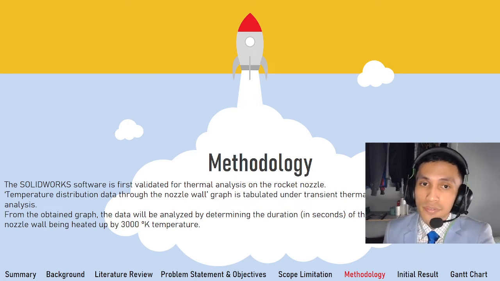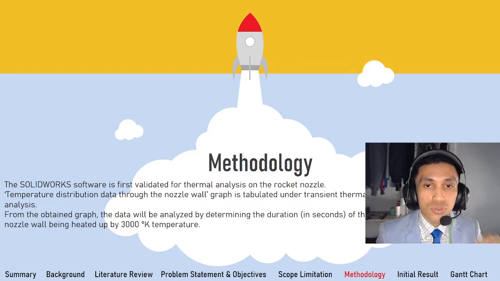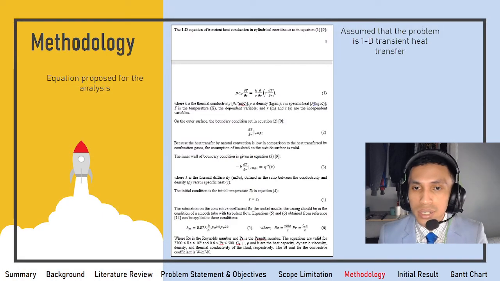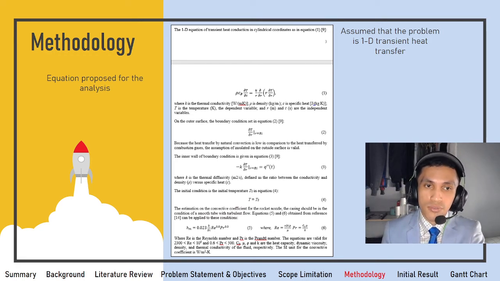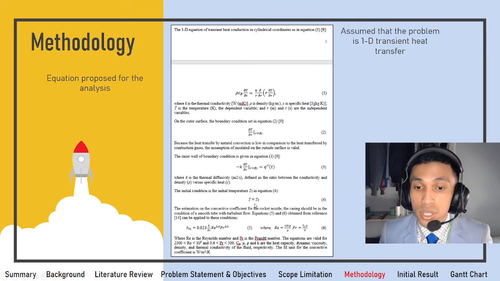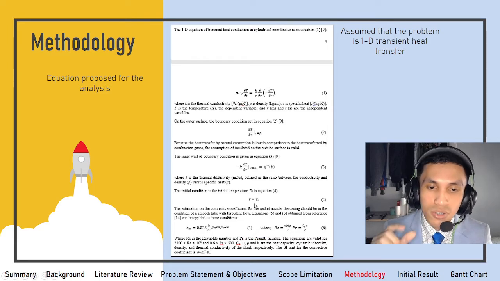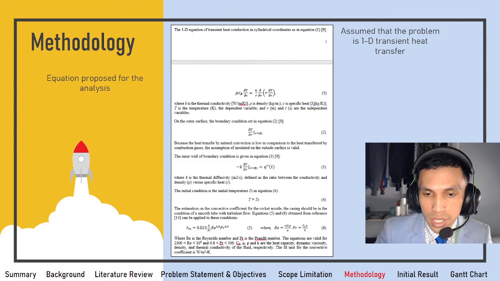From the obtained graph, the data will be analyzed by determining the duration in seconds of the nozzle wall being heated up by 3000 Kelvin temperature. So here are some of the equations which are proposed for the analysis, and here the estimation on the convective coefficient for the rocket nozzle. The casing should be in the condition of a smooth tube with turbulent flow. So here are the equations.